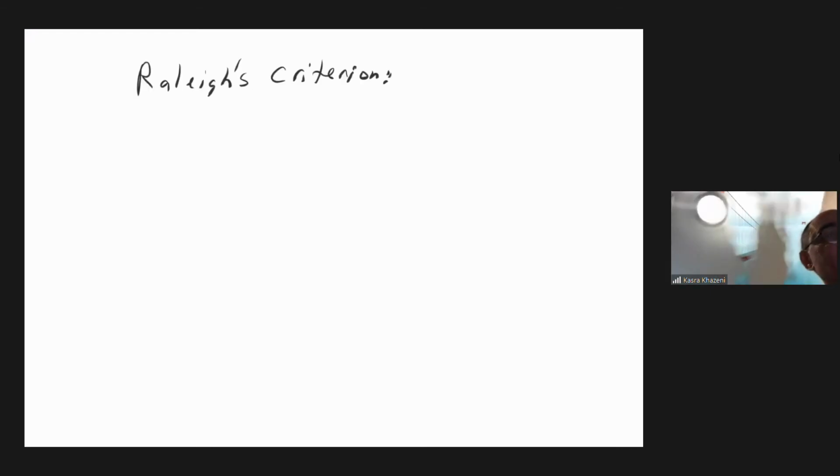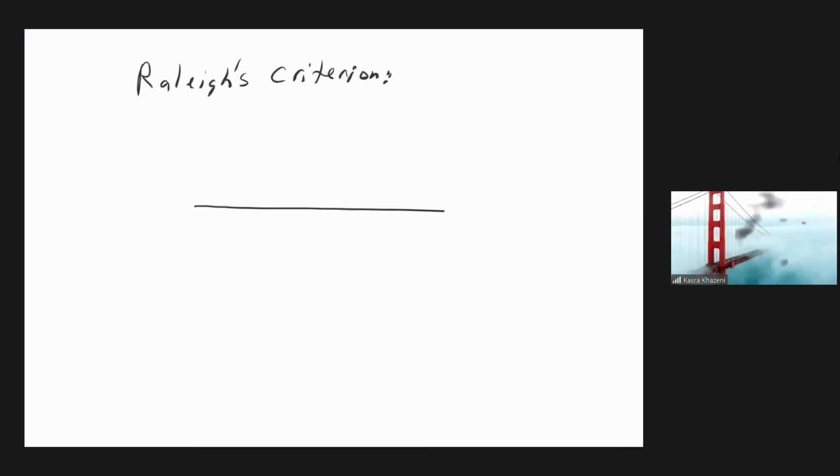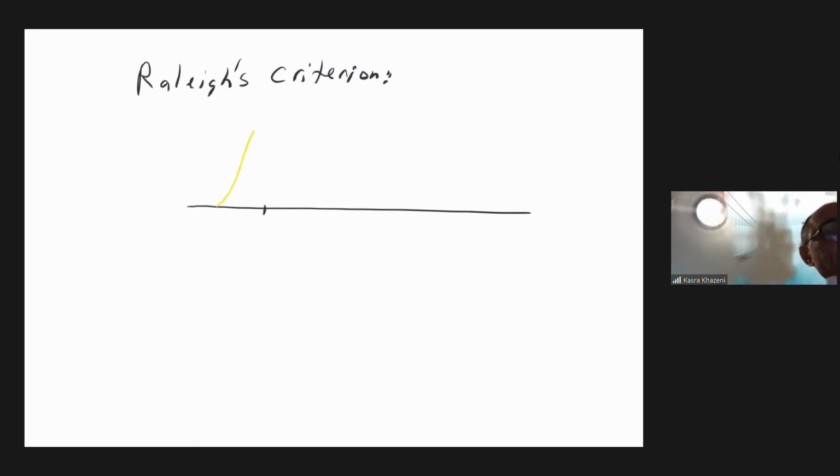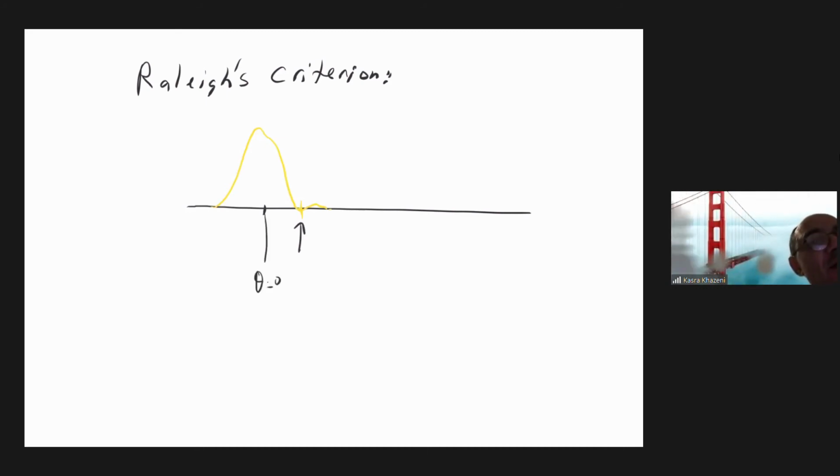That's what Rayleigh criteria is. So if the first peak is here, and you want the second, and this is the position of the first zero, so this is theta 0, and this one is given by d sine theta 1 equals 1.22 times lambda.